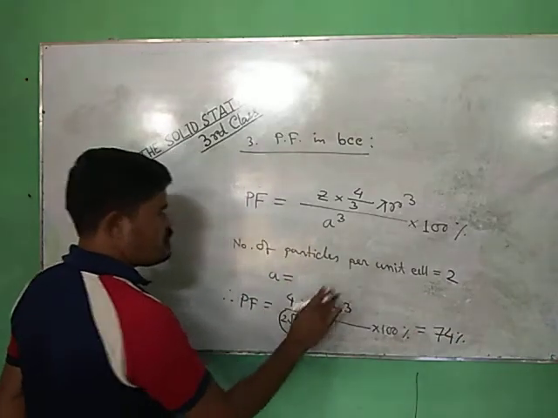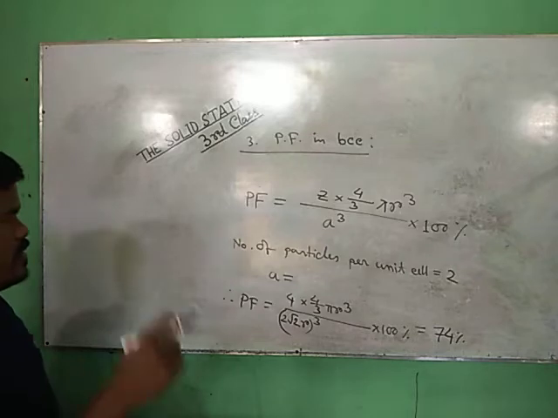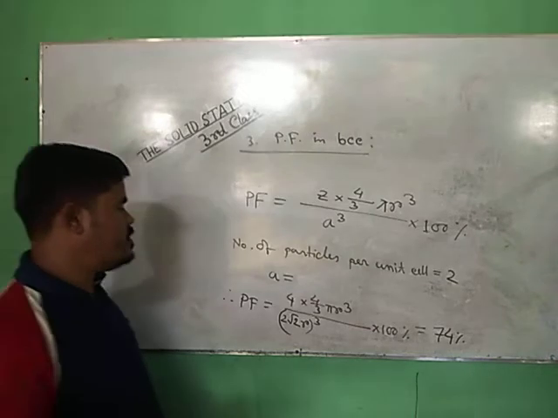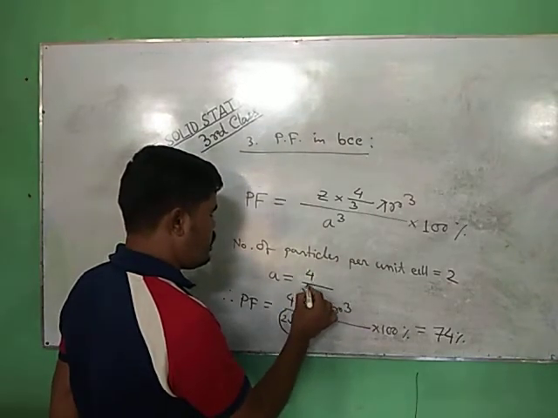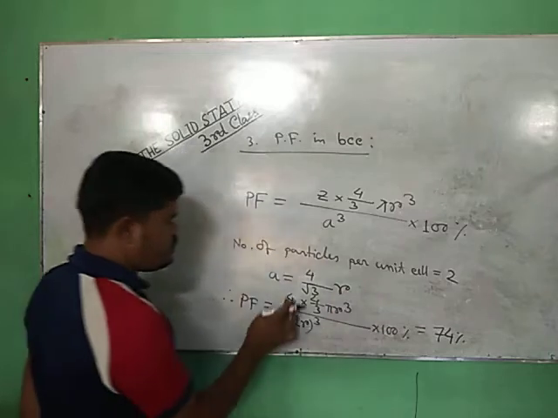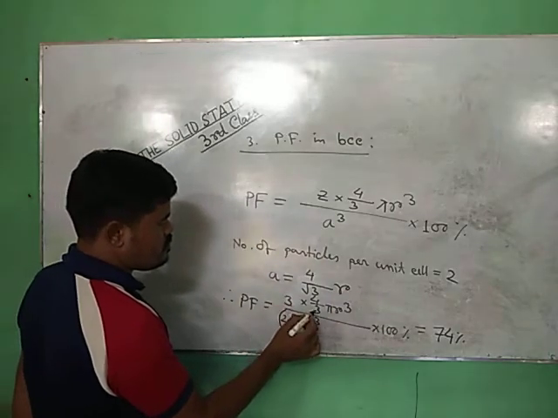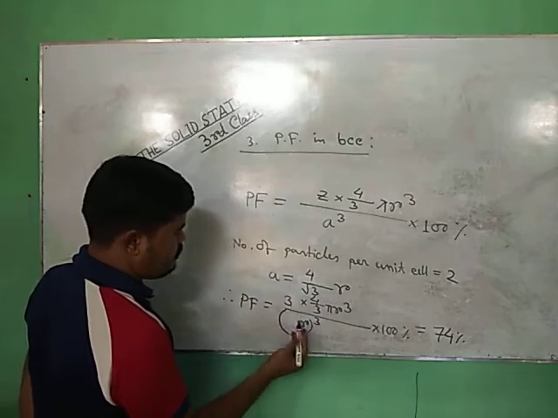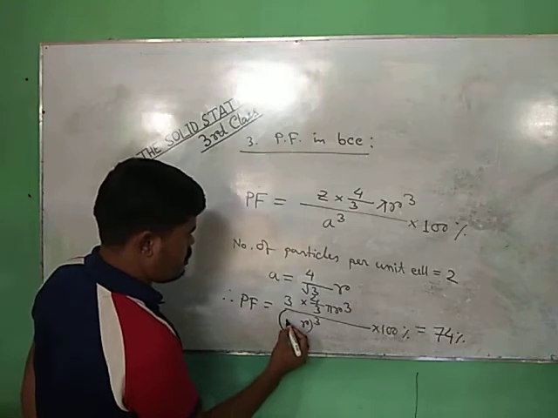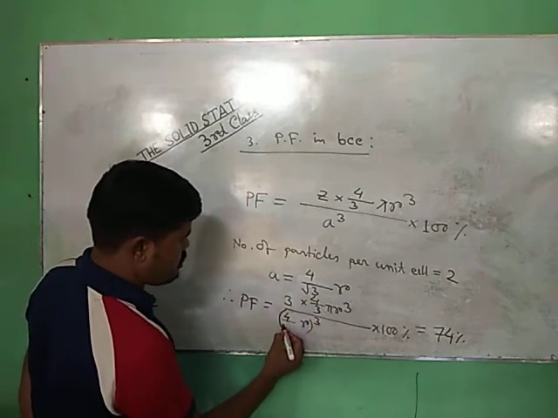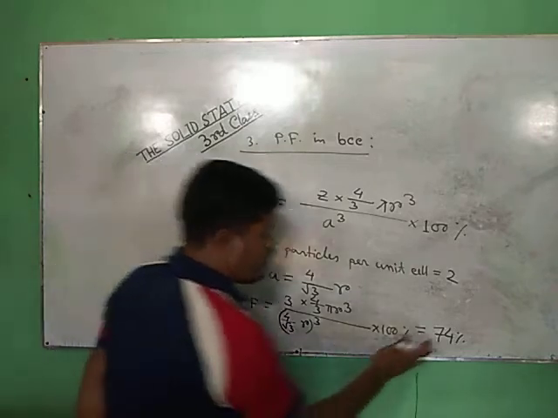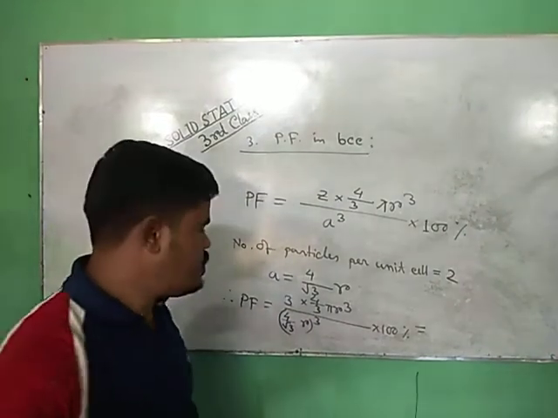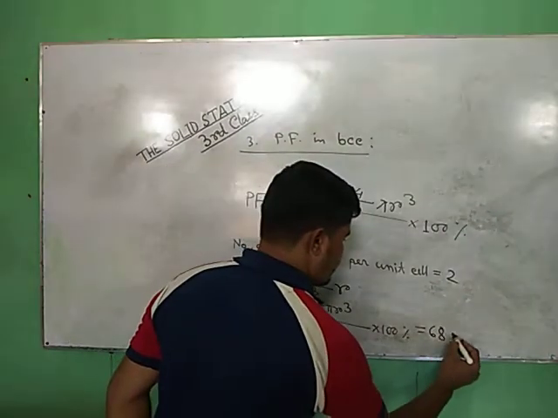You know the relation between a and r in case of BCC: a is equal to 4 by root 3 r. So putting the values of Z and a, with 4 by root 3 r whole cube, you will get the numerical value, the packing efficiency of BCC. It was 68%.